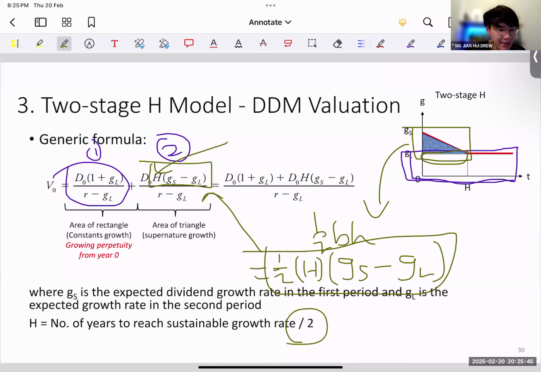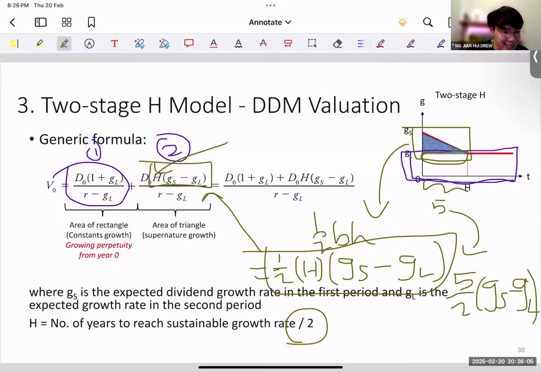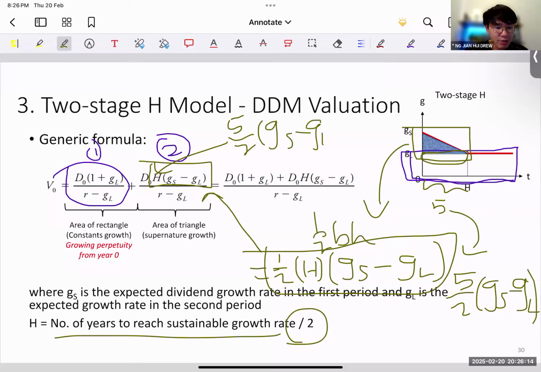H is given by the number of years divided by 2. So let's say 0 to H is 5 years. Can you see that in this formula, 5 years is just 5 divided by 2, times GS minus GL, which is exactly what we are getting here. So we are actually just using the basic estimation by the area of a triangle, the area under the graph.